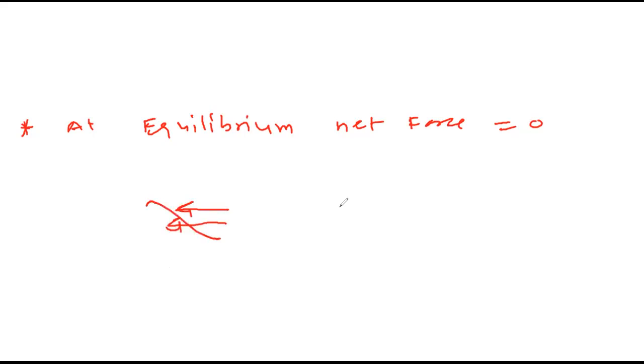No. If direction is opposite, can I get? Yes. When? When magnitude is constant, equal. So write next point. At equilibrium, net force is 0.